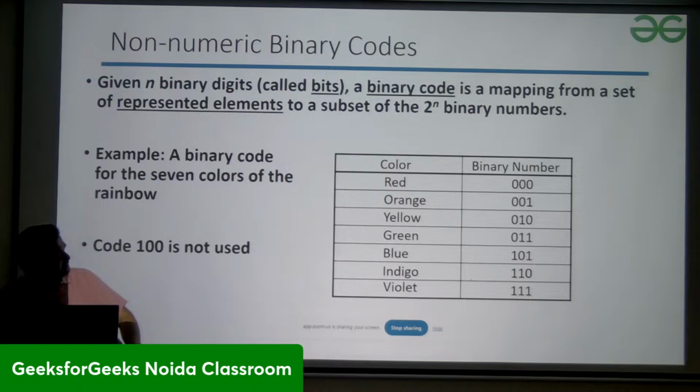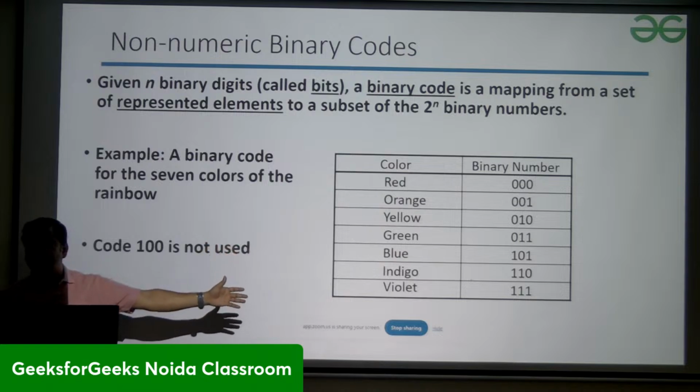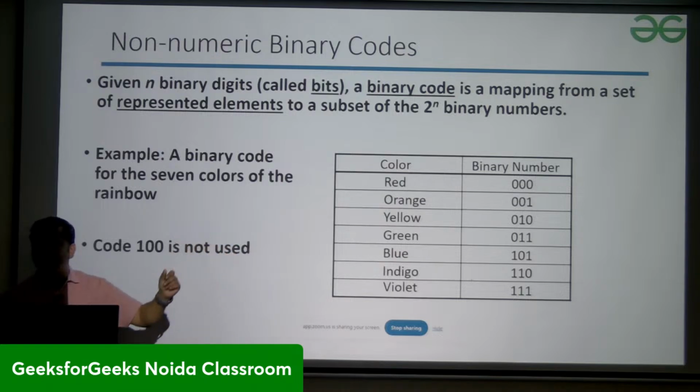Is there some value which is missing? 100, that is, 4, is missing. That is up to your choice. Either 100 is to be missed, or 000 is to be missed.